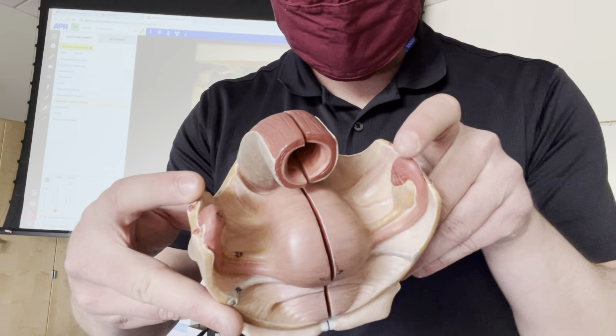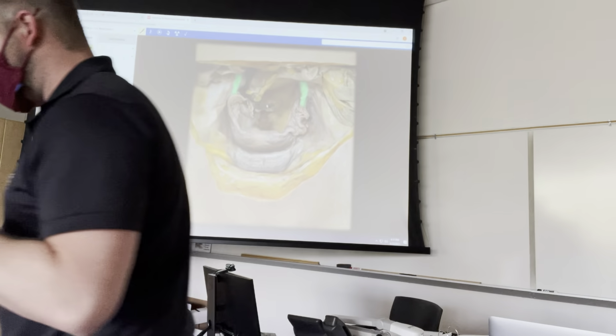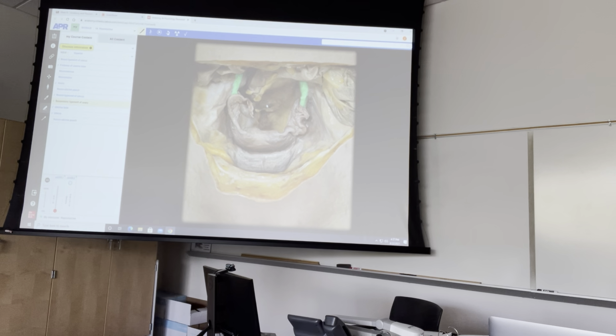It's that one right there. That's the suspensory ligament.